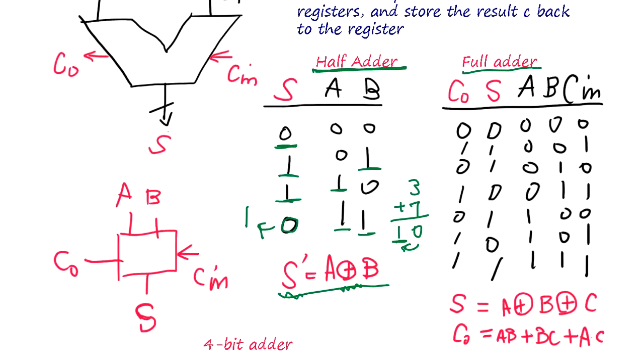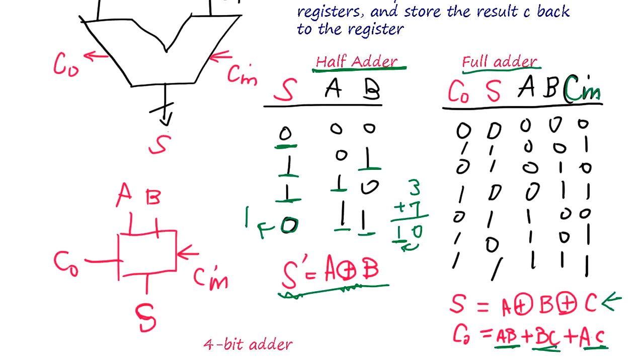Now for the full adder, you have a carry in, C, coming from the previous digit, and a carry out. So the relationship becomes a little bit more complex, but not much. The sum is going to be A, B, C, where C is the carry, and the carry out will be either AB or BC or AC.